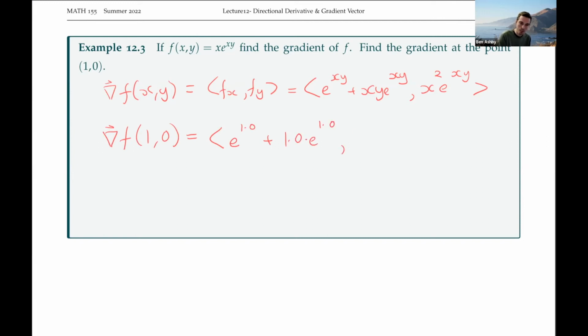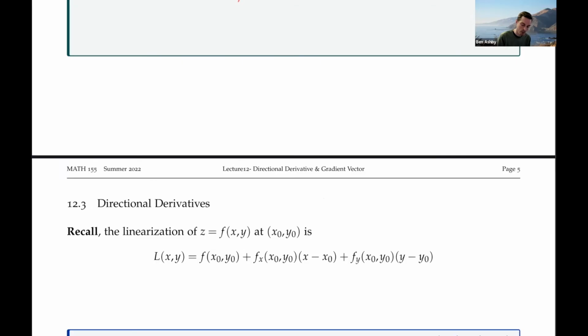Our second component is 1 squared times e^(1·0). So this is just going to be (1, 1). So this tells us that the gradient of our function at the point (1, 0) is (1, 1). We'll talk about what that means a little bit more later on.